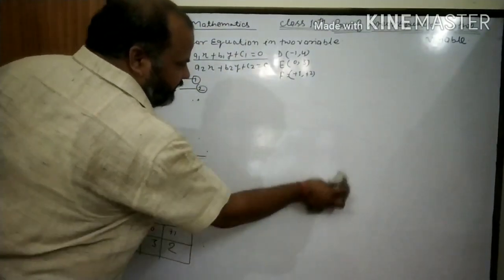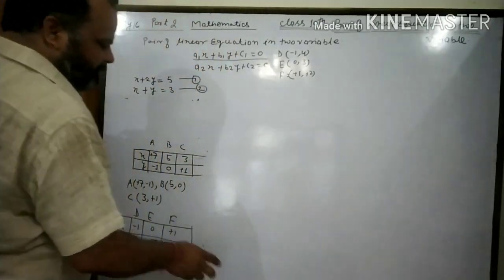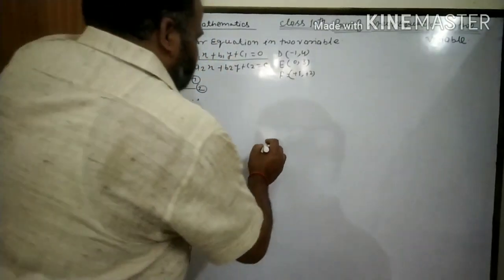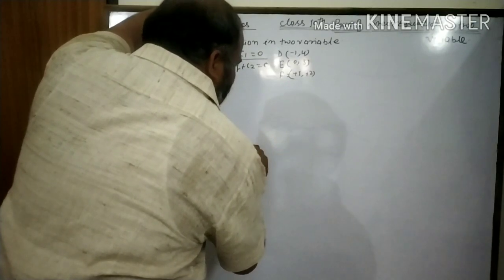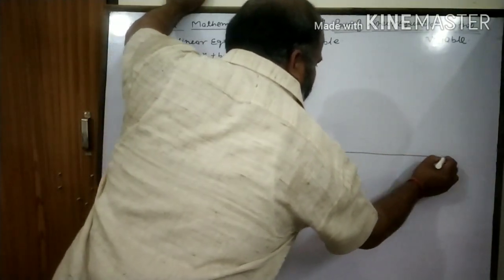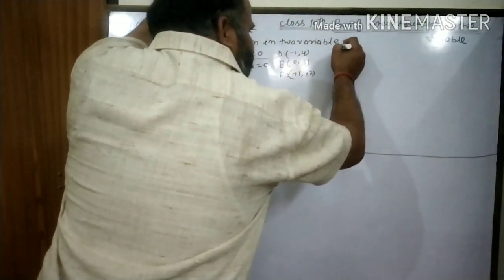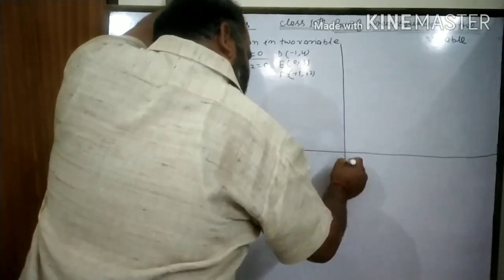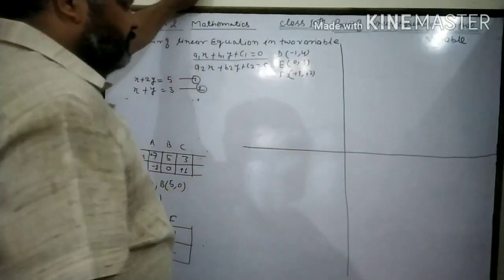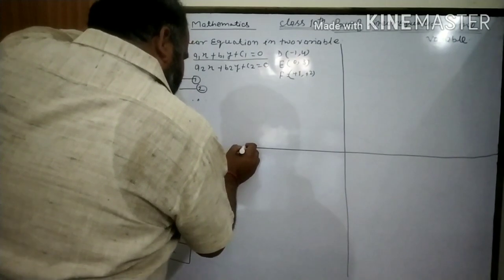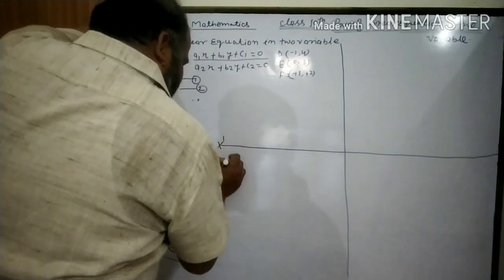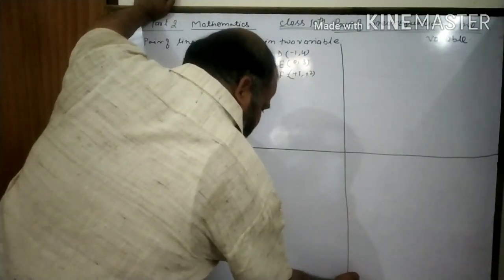First of all, we make an XY plane. Here x-axis and y-axis, x dash, y dash.